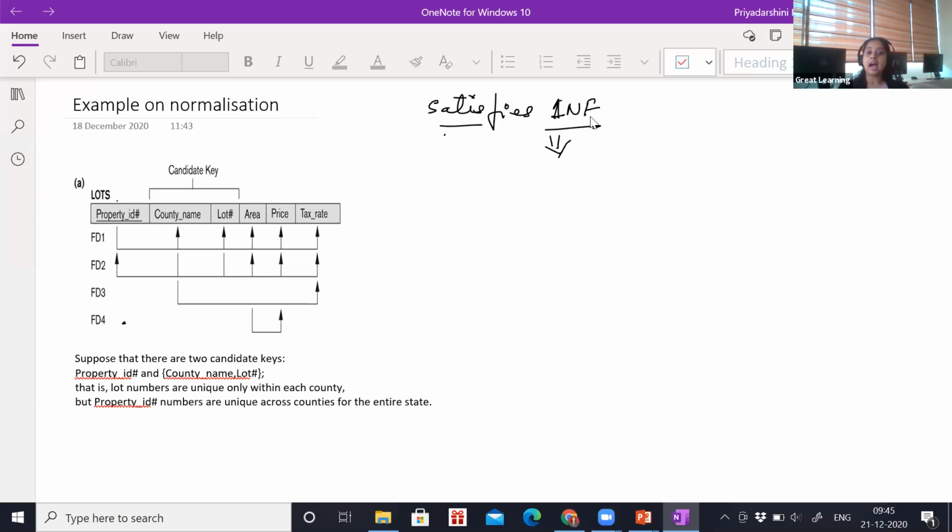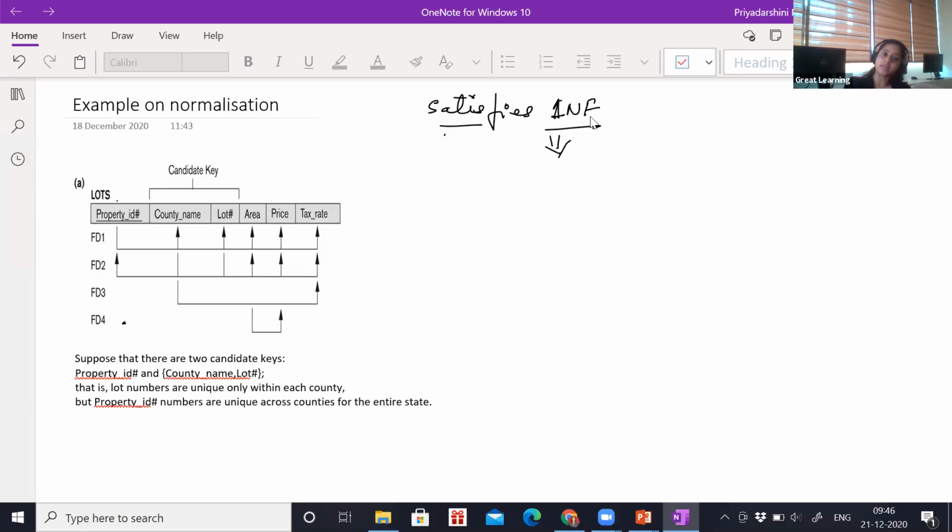So now when I have more than one candidate key in a table, your FD should be satisfying either one fully. Either one it should be satisfying fully. It is not necessary that it be the primary key.